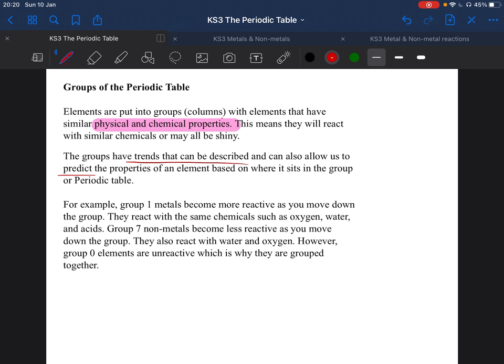So if we look at our group 1 metals, they get more reactive as you go down the group. So lithium fizzes and floats on water, whereas rubidium actually explodes when you put it into water. So you can see that they get more reactive.